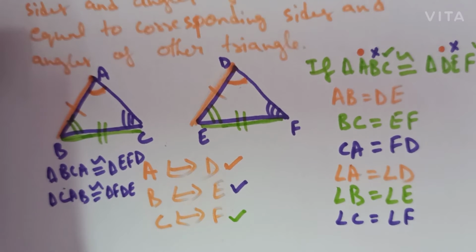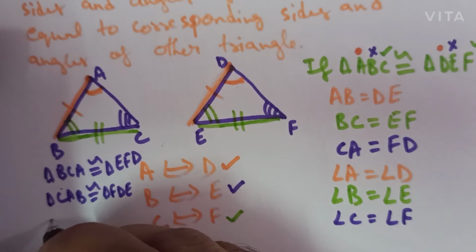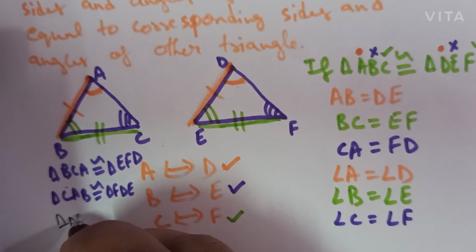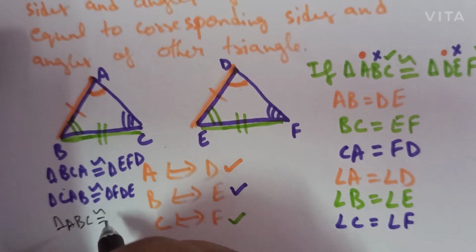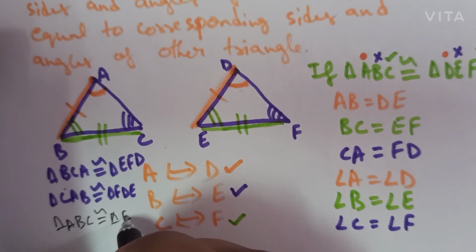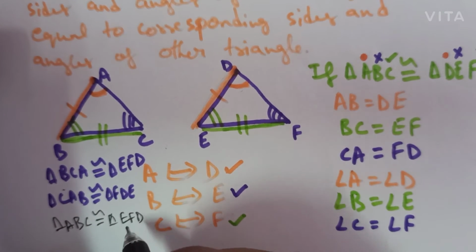But we cannot write triangle ABC matches with triangle EFD. This is wrong. Why?